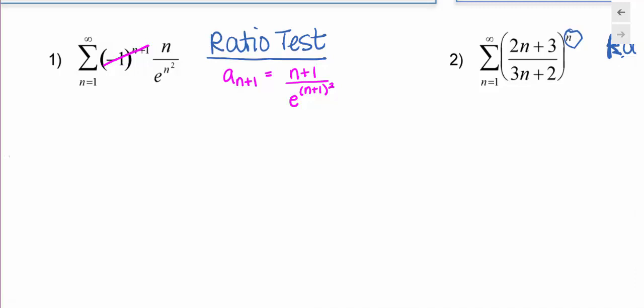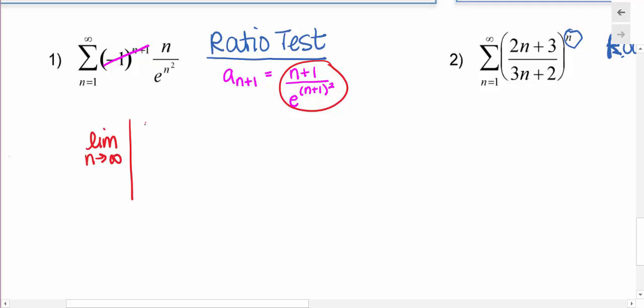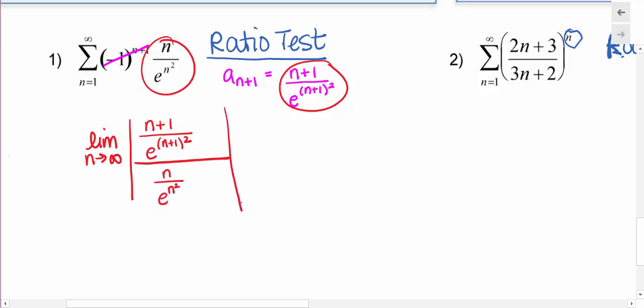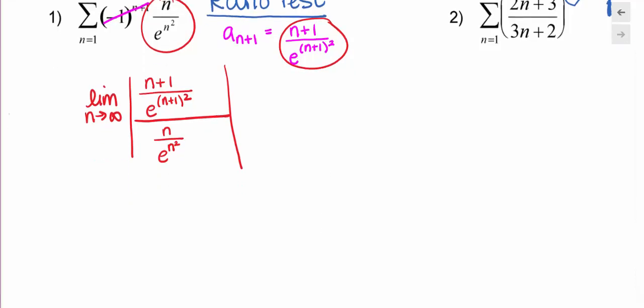And so what I want to look at now is my limit as n approaches infinity, and I'm going to put absolute value bars. And what the ratio test says is take this a sub n plus 1, so n plus 1 over e to the n plus 1 squared, and divide it by the a sub n that you started with, and evaluate that limit. Again, I've got absolute value bars, so I'm going to come out with something positive, but let's see what it is.